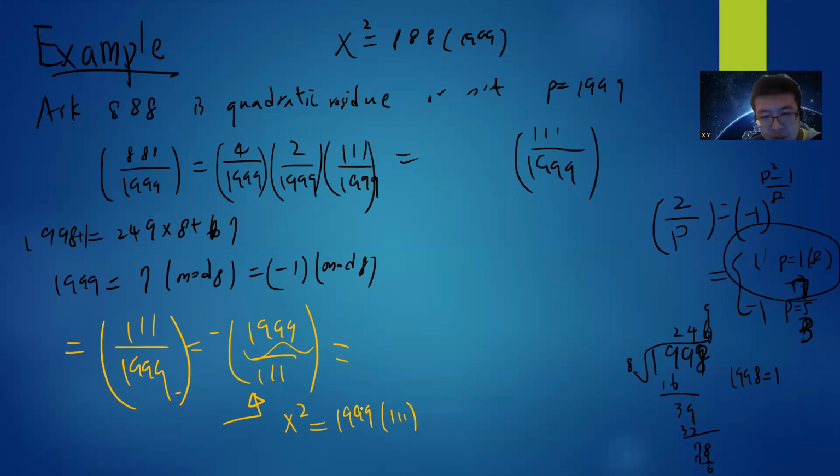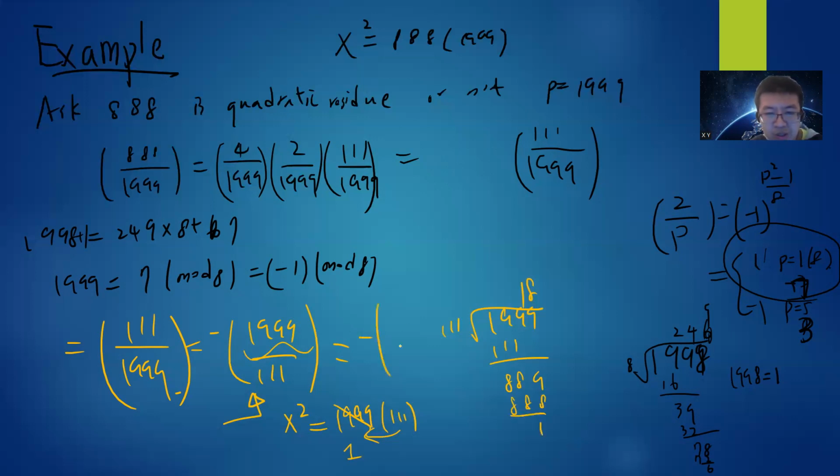But basically you can just do the division: 111, so if you do the usual division, you can check 1999 divided by 111, so it's 111, 889, so it's 8. So we got 1.